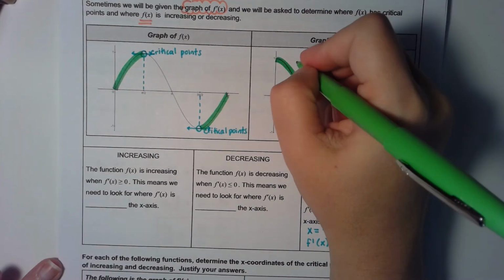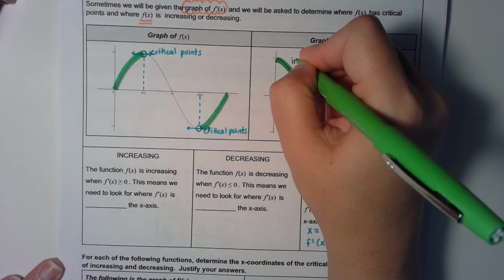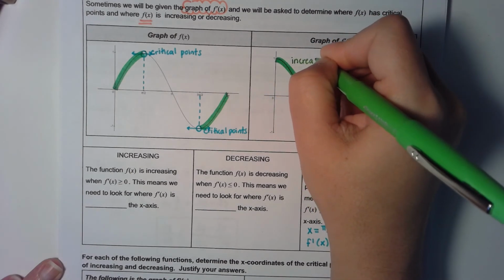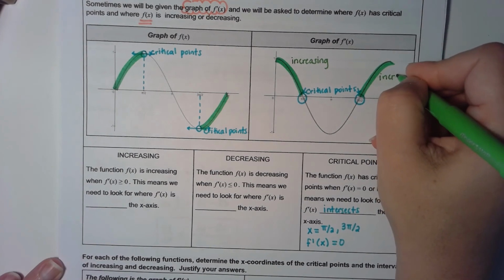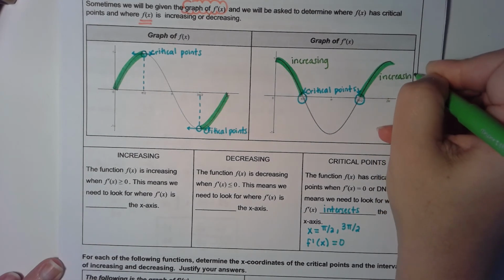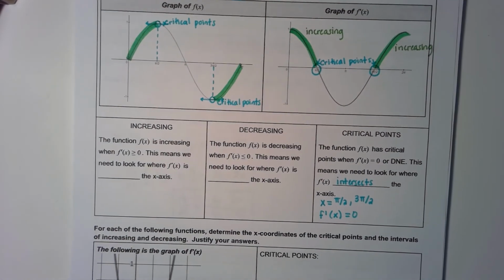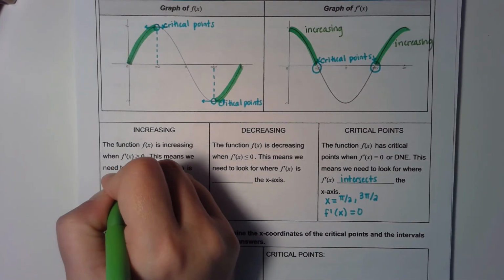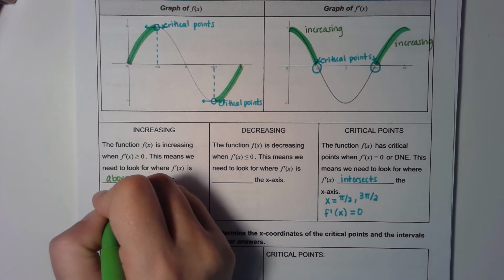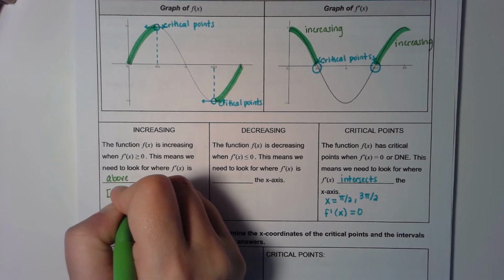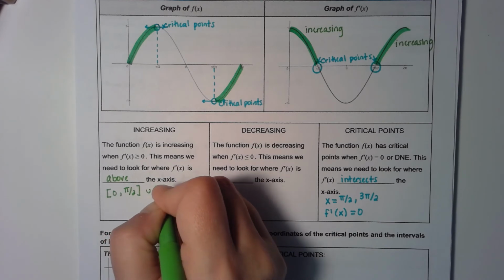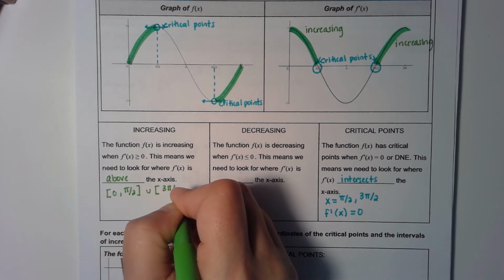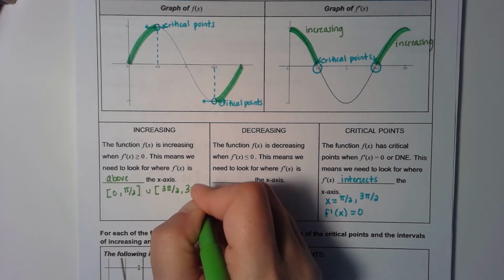Instead, these are both sections that are above the x-axis. So increasing, when you're looking at the graph of the derivative, becomes the parts of the graph that are above the x-axis. So that would be from, in this case, 0 to pi over 2 and 3 pi over 2 to 2 pi.